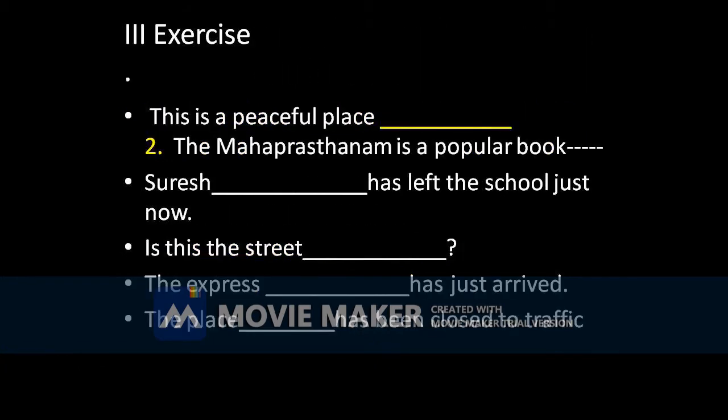Let us do some exercises. If you see the screen, you find some sentences. I pause for a while and you note down the questions and try to write the answers in your books by using the relative pronouns. These are open sentences.